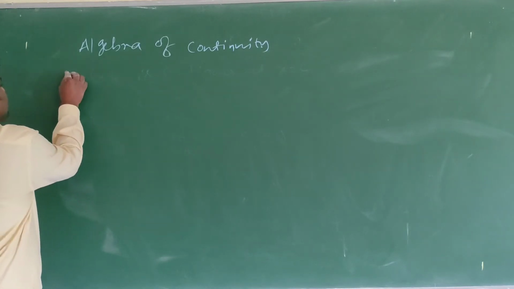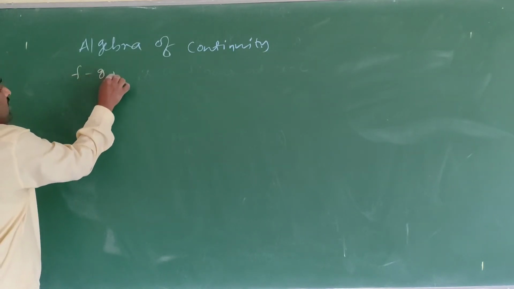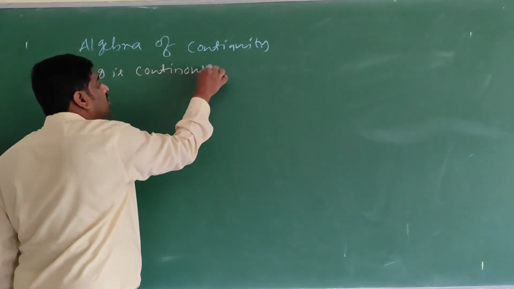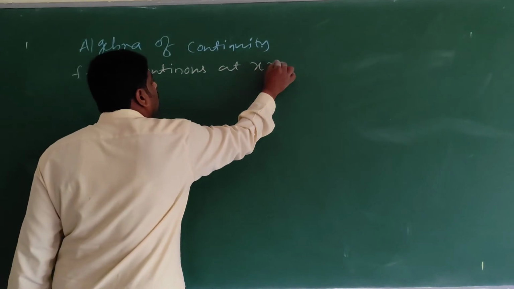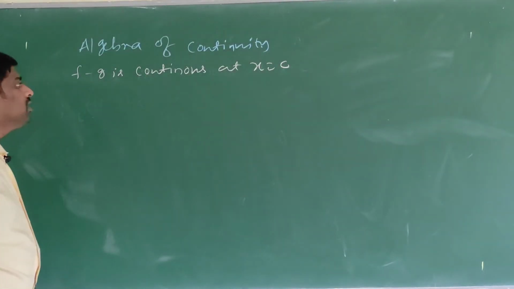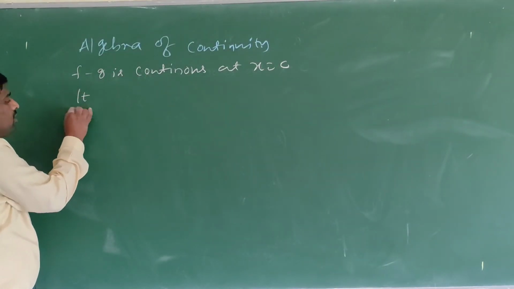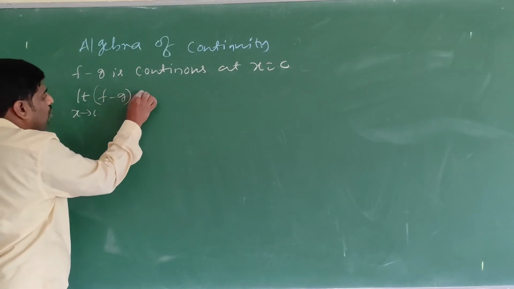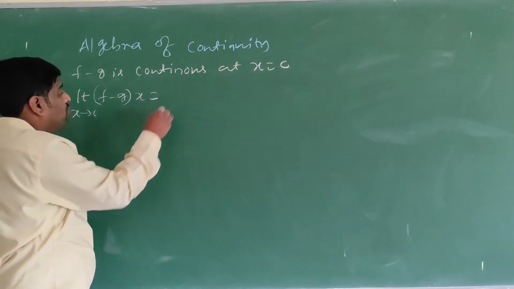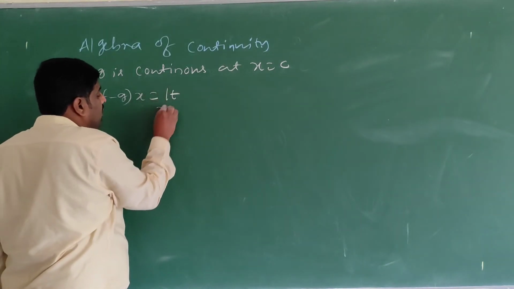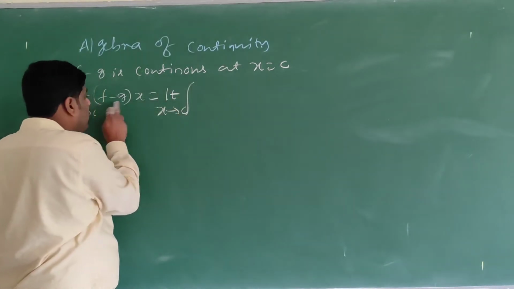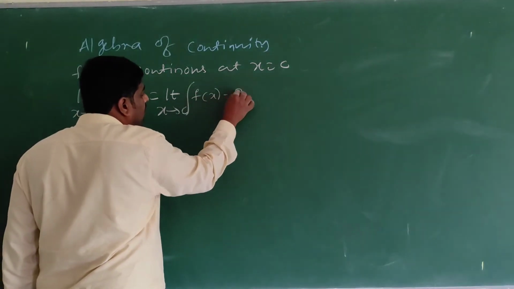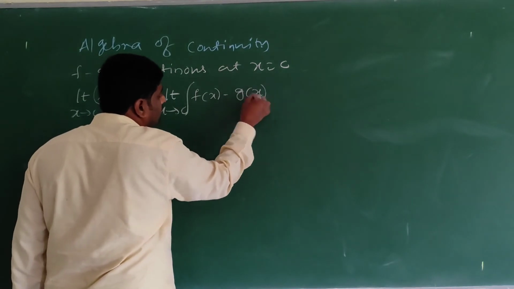Next, the second one is f minus g. f minus g is continuous at x is equal to c. Therefore, limit x tends to c of f minus g of x can be written as f of x minus g of x.